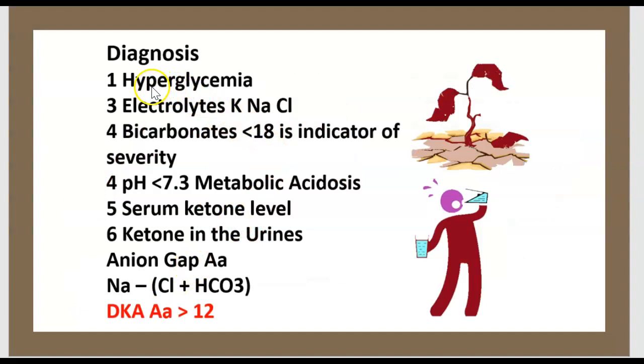Diagnosis: hyperglycemia, loss of potassium, sodium, and chloride. Bicarbonate under 18 is an indicator of severity. pH under 7.3 is metabolic acidosis. And anion gap: it is DKA if the anion gap is over 12.